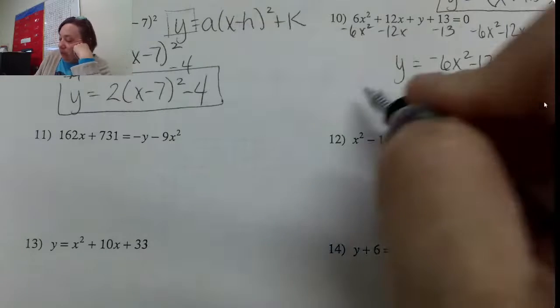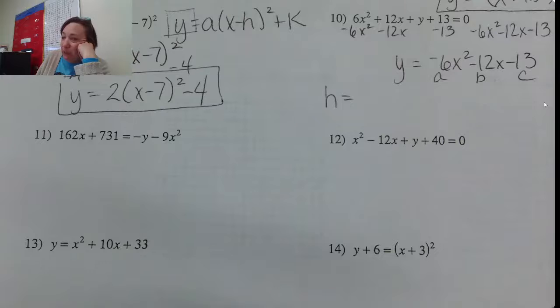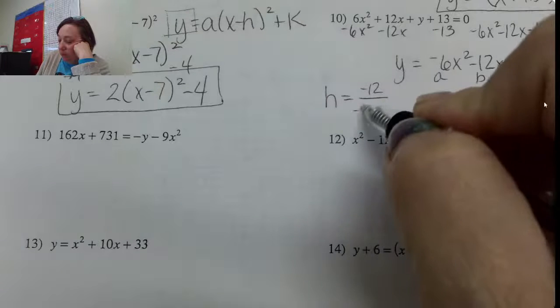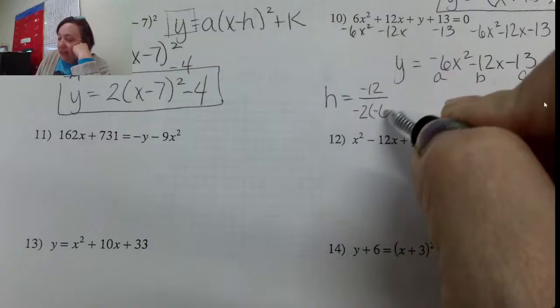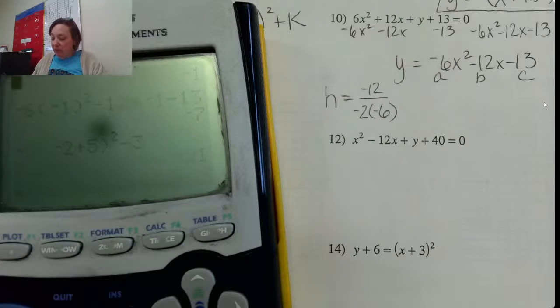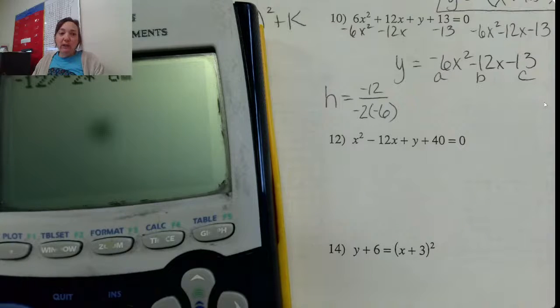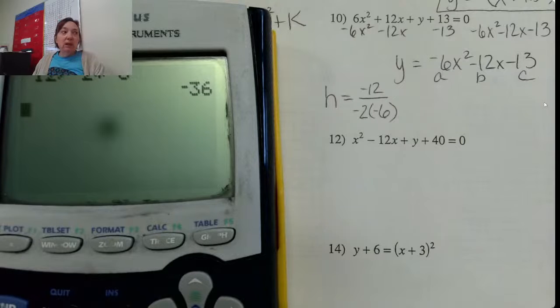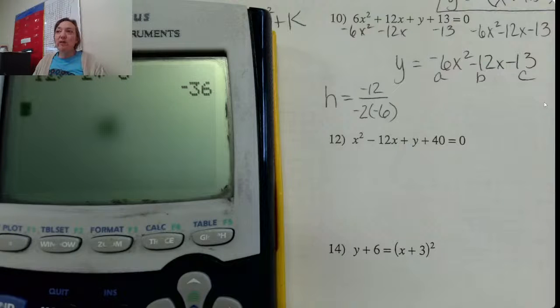So we're going to find our H value. What y'all tell me what to do? Negative. Yes. Now I want to point something out because people mess this up all the time. And I think maybe it was 7th period who was having this issue. If you do this and you plug this in your calculator, it's going to divide the 12 by 2 first, then multiply that answer by 6.